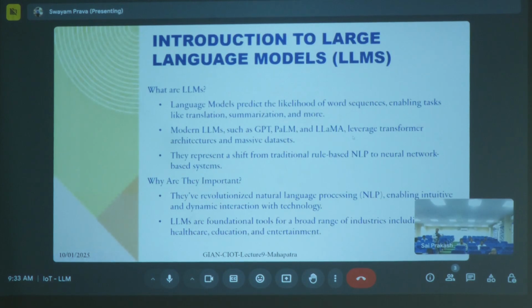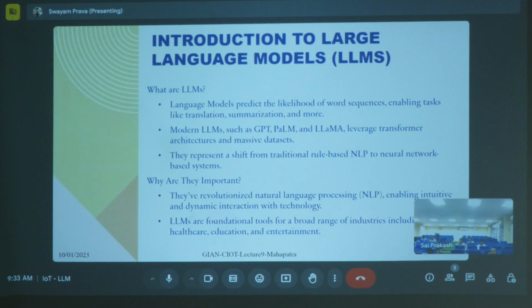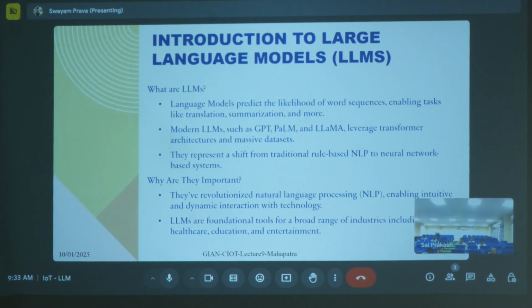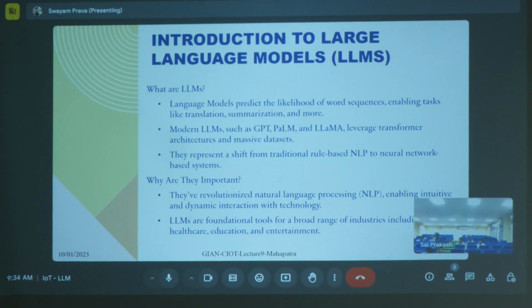All right. Okay. So, large language models, or which I will be using LLMs for short, are advanced artificial intelligence systems trained to predict the likelihood of word sequences. This foundational ability enables them to perform tasks like language translation, text summarization, and even creative writing.